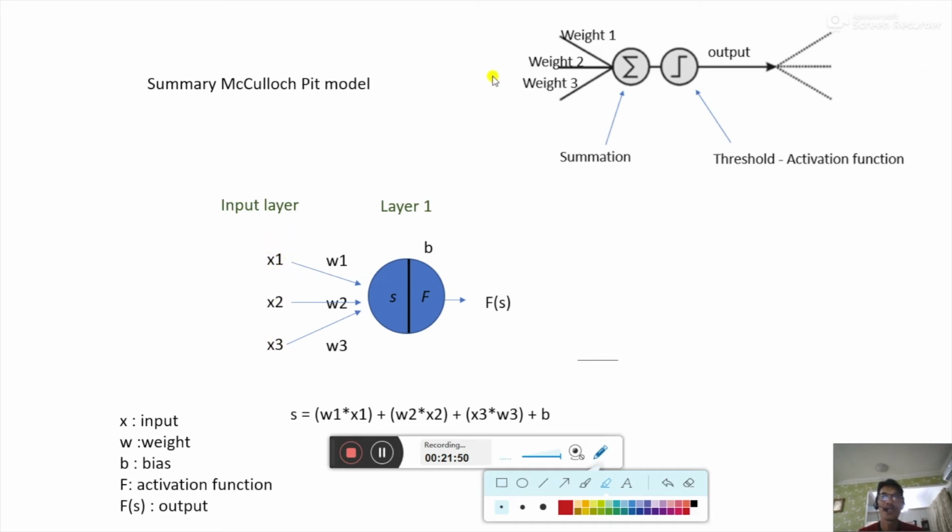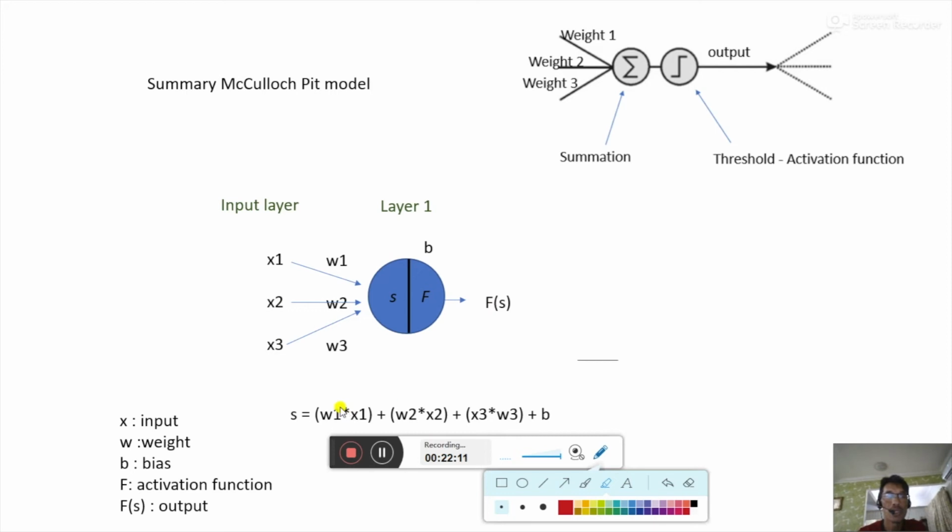So 3 data represent these 3 dendrites, and you're going to have a weight for each of these dendrites: weight 1, weight 2 for this one, and weight 3 for this one. And you've got the neuron. This is the summation, this is the function Fs, and the output.